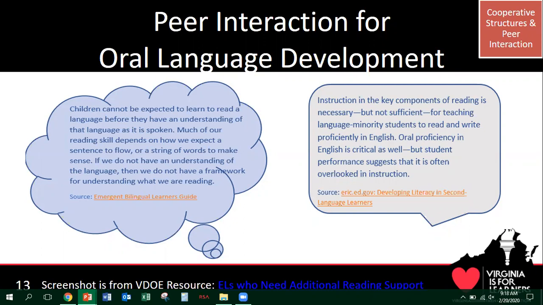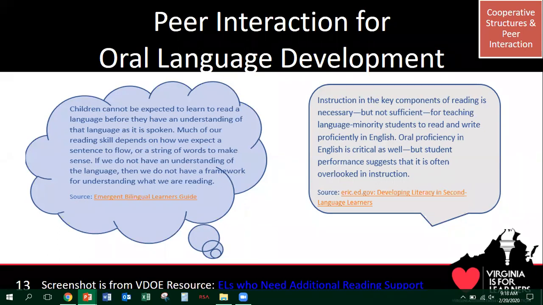We have language models that we start repeating what we hear, and then we start being more independent in how we use language and practicing new forms that we've heard, but it's starting with the oral language development. Now, students who already have some oral language development in their first language, we are building on that by adding to that with the English.